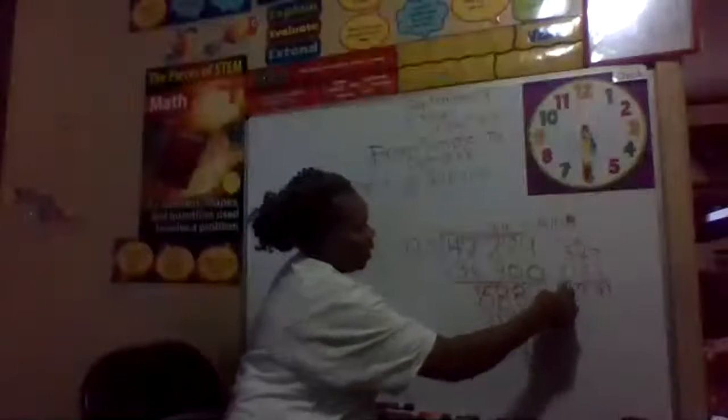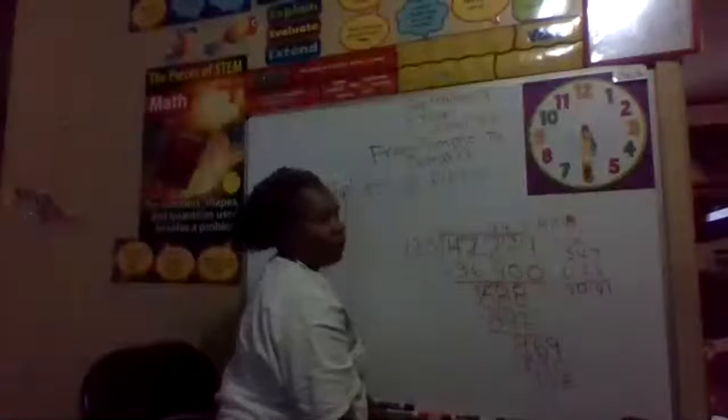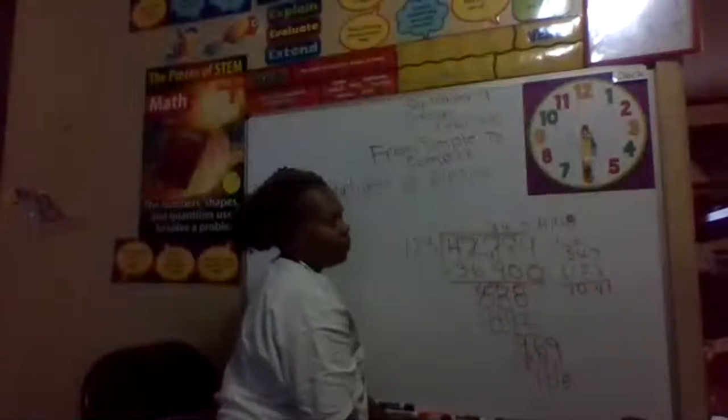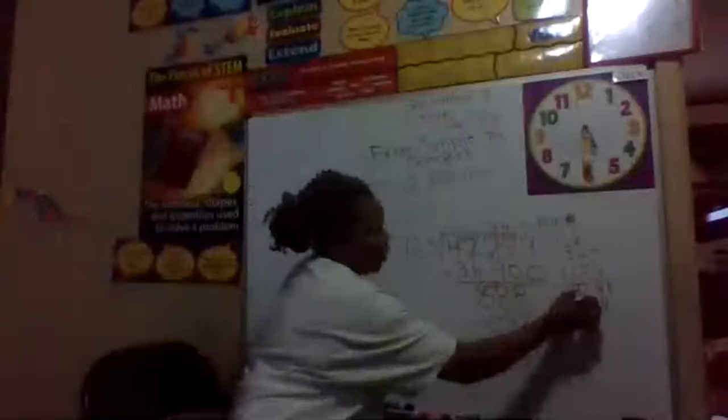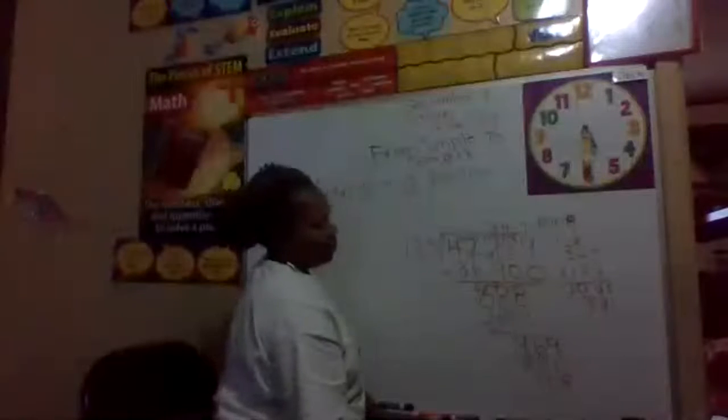Line everything up. Everything's lined up. You see that? What's the next row? 2 times 7 equals 14. We're through with this one. Putting up the 1. What's next? 2 times 4 equals 8, plus 1 equals 9. Very good. What's next? 2 times 3 equals 6.